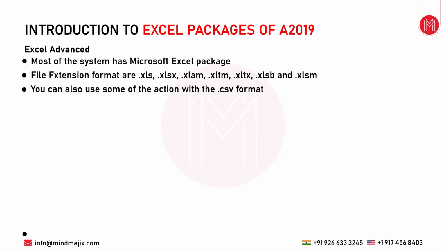Basically, most systems have the Microsoft Excel package. And here we have support for file extension formats XLS, XLAM, XLTM, XLTX, XLSB, and XLSM. You can also work with the CSV format.